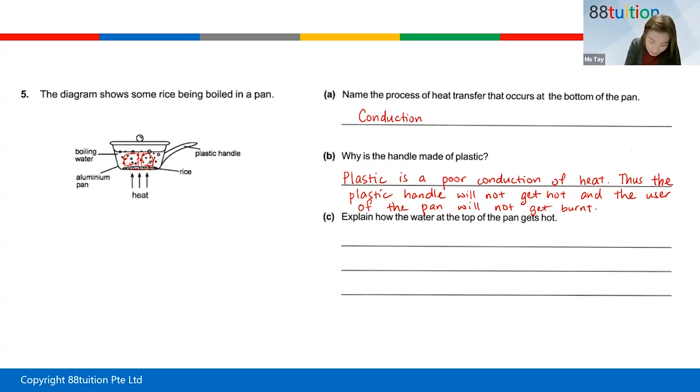Then say that this water that is heated, that is hot now, will start to rise up because it's less dense, and then the cooler water will come down to take its place, something like that. Okay, so let's try to answer this. Okay, I write down for you. Okay, both of you.